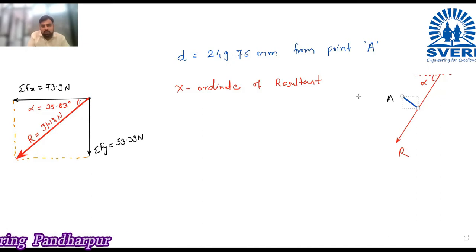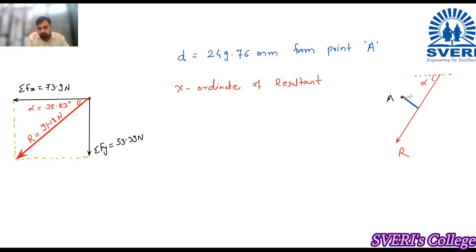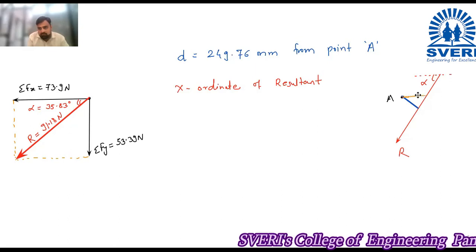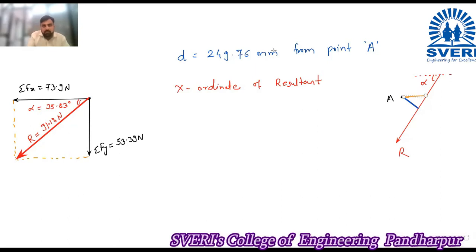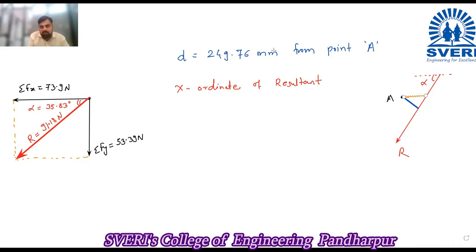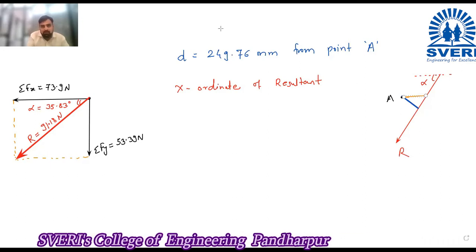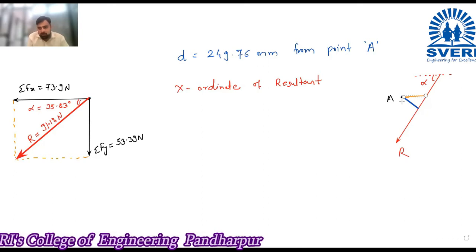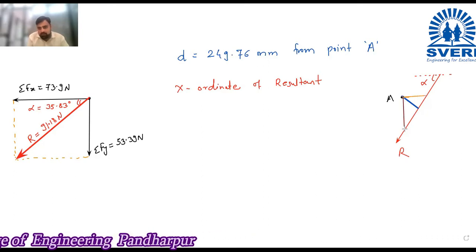Then what is the x-intercept? The x-intercept is the horizontal distance. If you measure this distance, this is x, the x-intercept. And the y distance will be the y-intercept of the resultant.